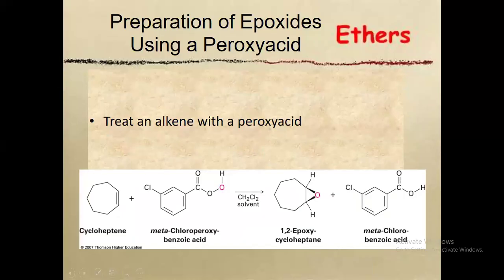When you react a peracid with a carbon-carbon double bond, it's able to bridge it. It introduces one of the oxygens to the carbon-carbon double bond to form an epoxide. And then you have a carboxylic acid back.